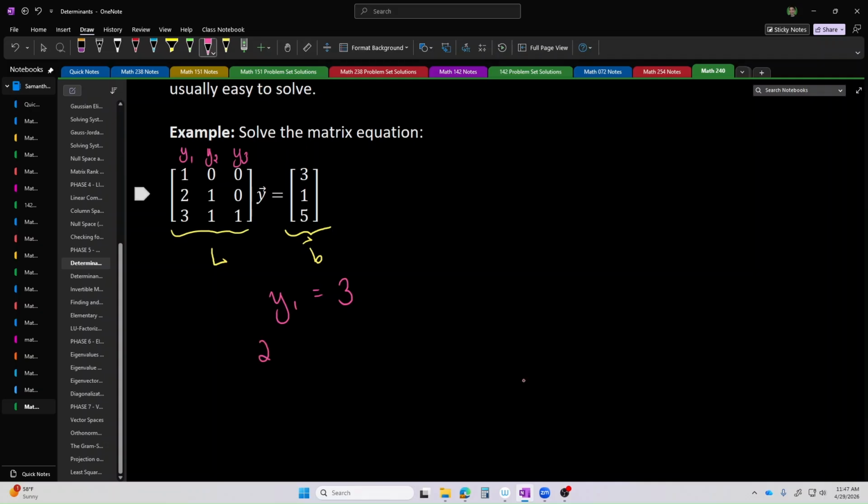For example, this second row of the matrix would be 2y1 plus one copy of y2 equals 1 on the right-hand side. If I sub in my y1 value, I get 6 plus y2 equals 1, which means y2 equals minus 5.